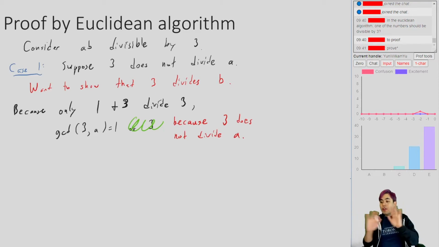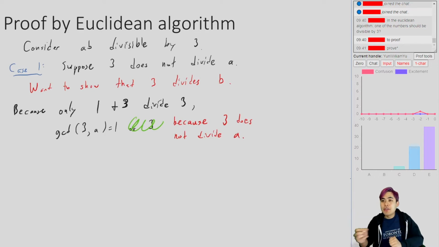Now here is where we use the Euclidean algorithm. We have now just shown that the greatest common divisor of 3 and A is equal to 1. We didn't do the full Euclidean algorithm to show it because we don't know what A is, but simply by the fact that 3 is prime and 3 does not divide A, we know that the greatest common divisor of 3 and A is 1.